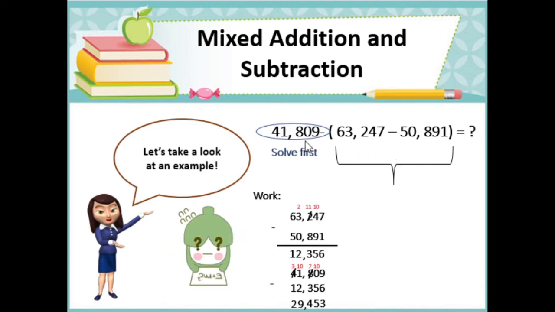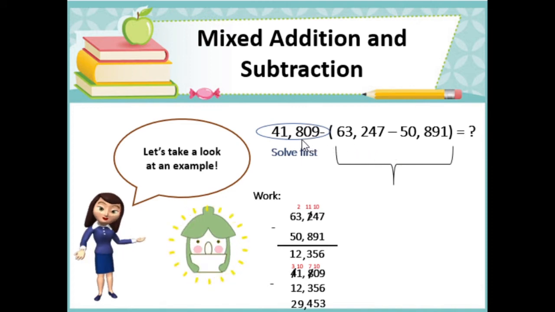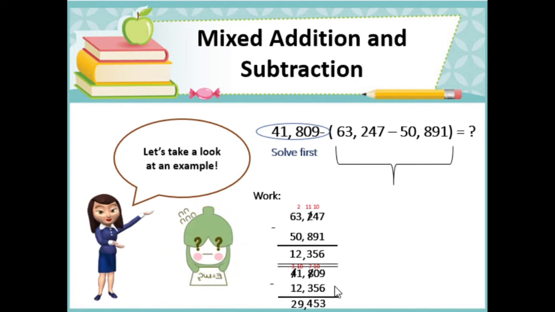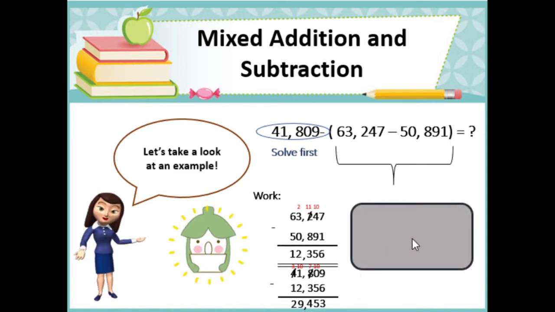Now let's solve the remaining number. That is 41,809 minus 12,356, giving us the answer of 29,453.